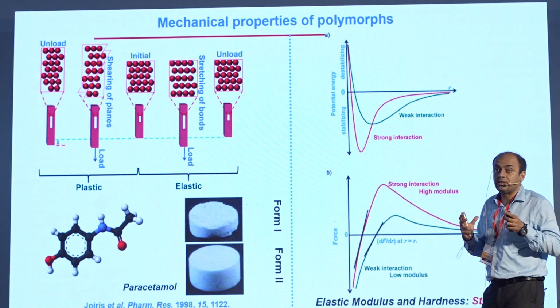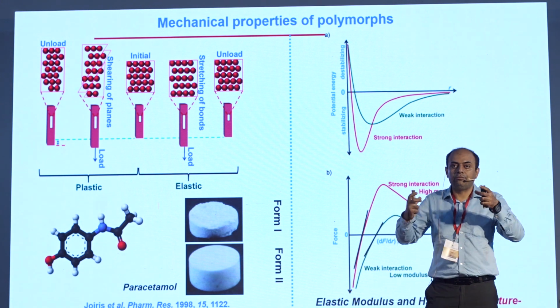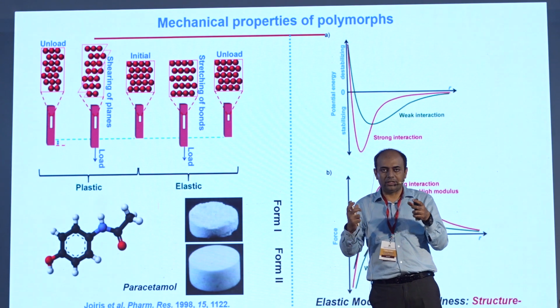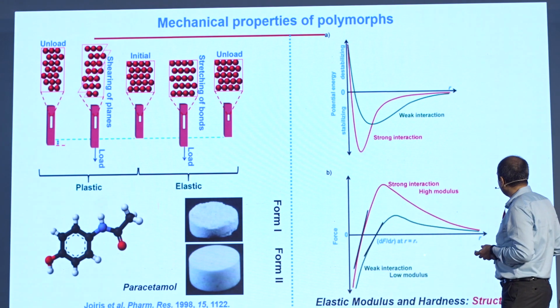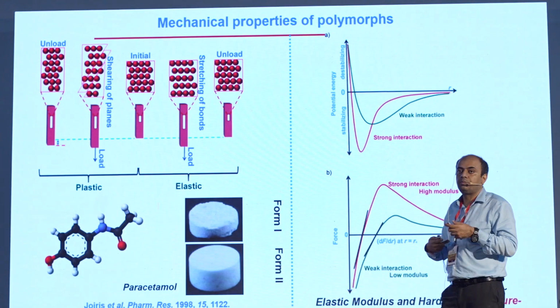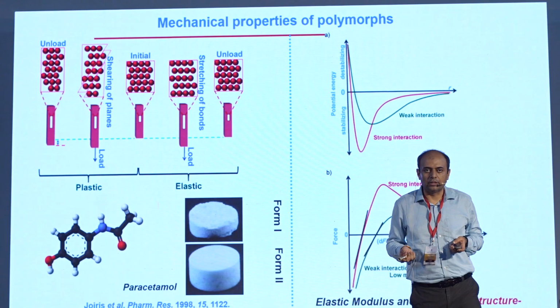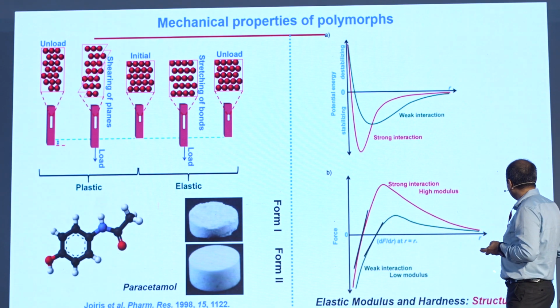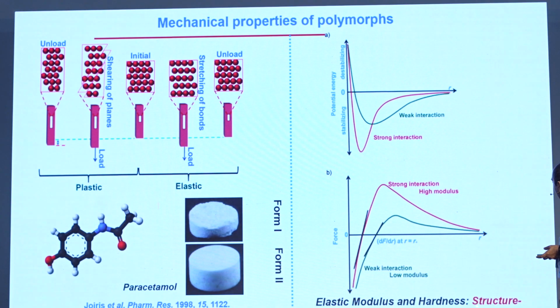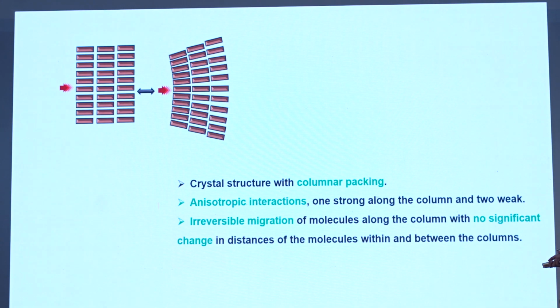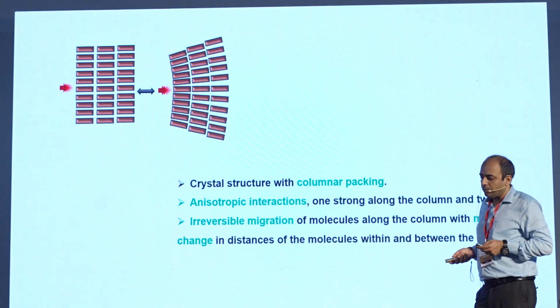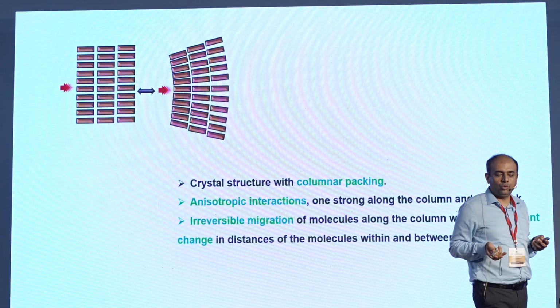That means there is more resistance to deformation when you have strong interactions making the crystal. Whereas when you have weak interactions, they are more susceptible to breakage. You will have a low elastic modulus. So these kind of features were proposed, and this gave rise to the field of structure mechanical property correlation in crystals.